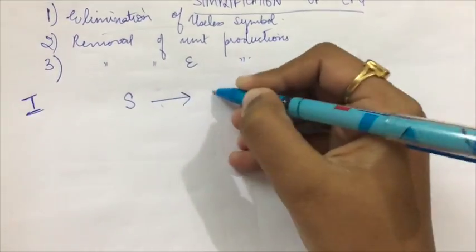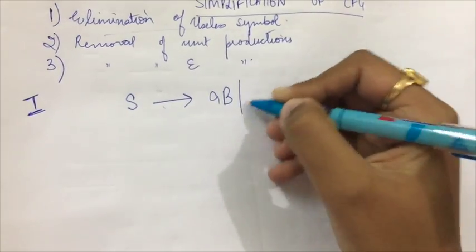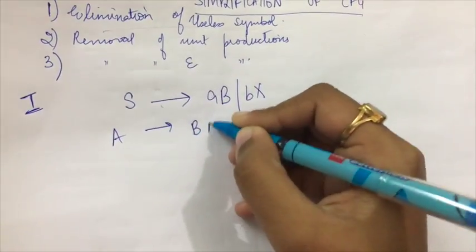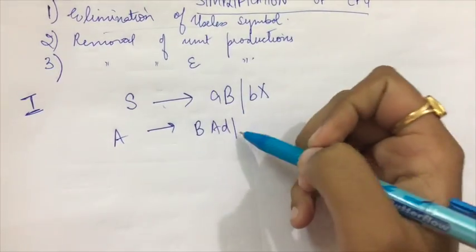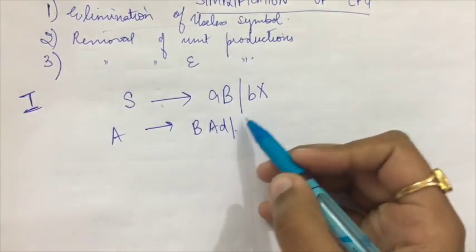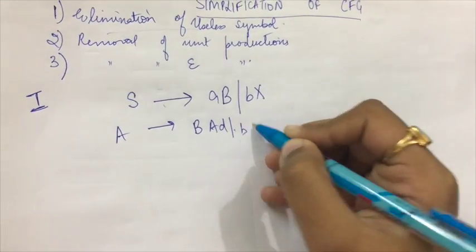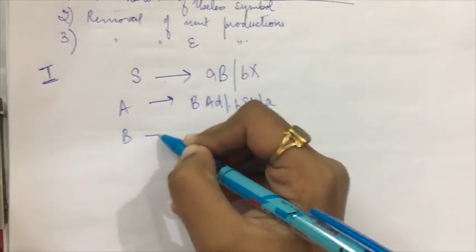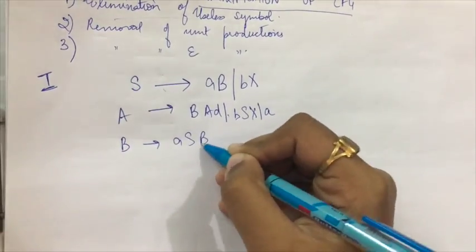Suppose we have these production rules. Now my useless symbols are those which cannot be reached from S. For example, here I have S gives BX, and here B gives me ASB.